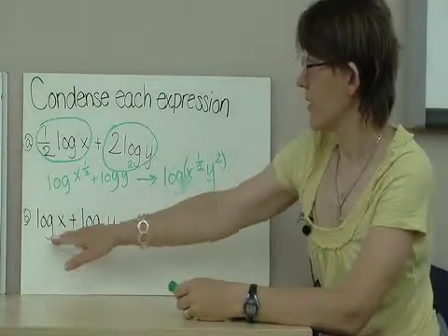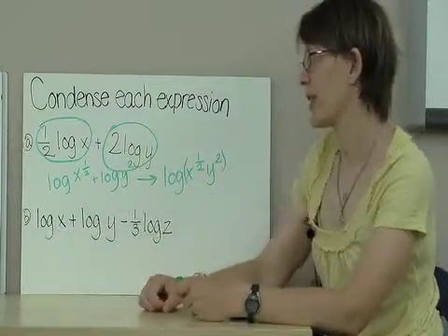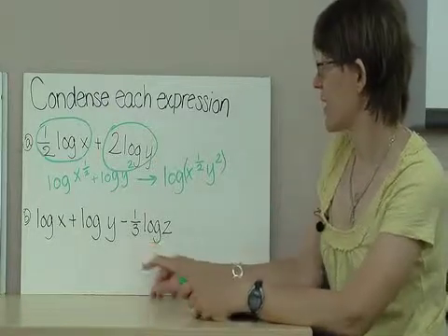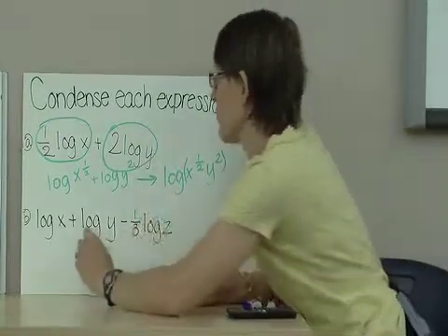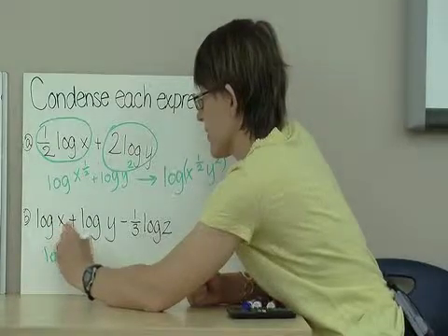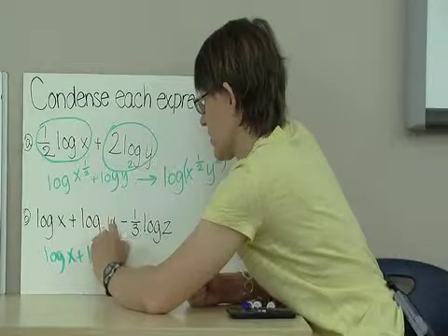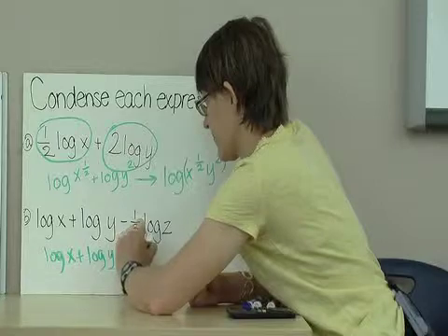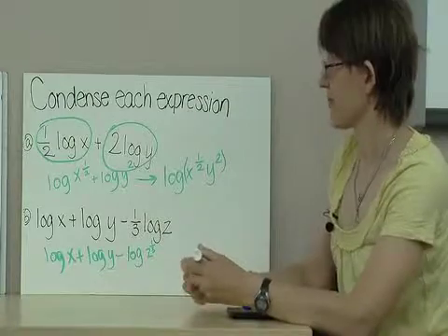Over here in part B, I have log of x, not much simplifying I can do there, log of y, again, not much simplifying, and minus 1/3 log z. So this, I'll replace, keep my first two the same. They don't need to be changed around at all. Okay.